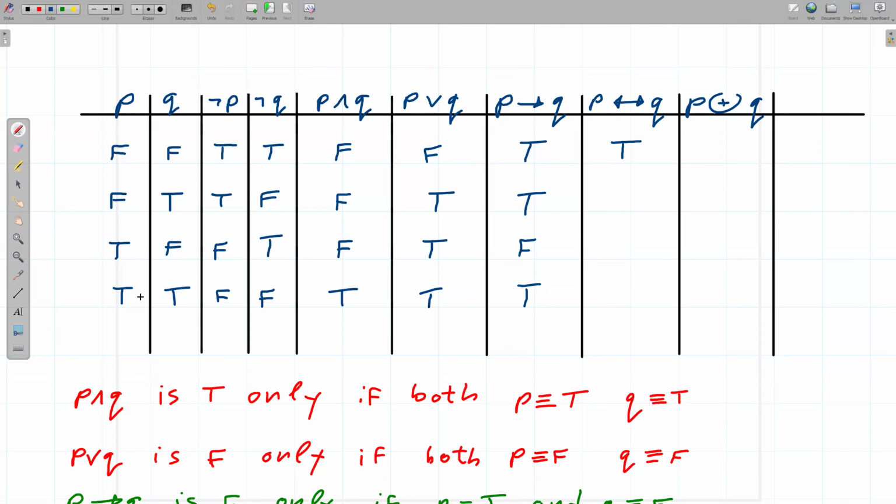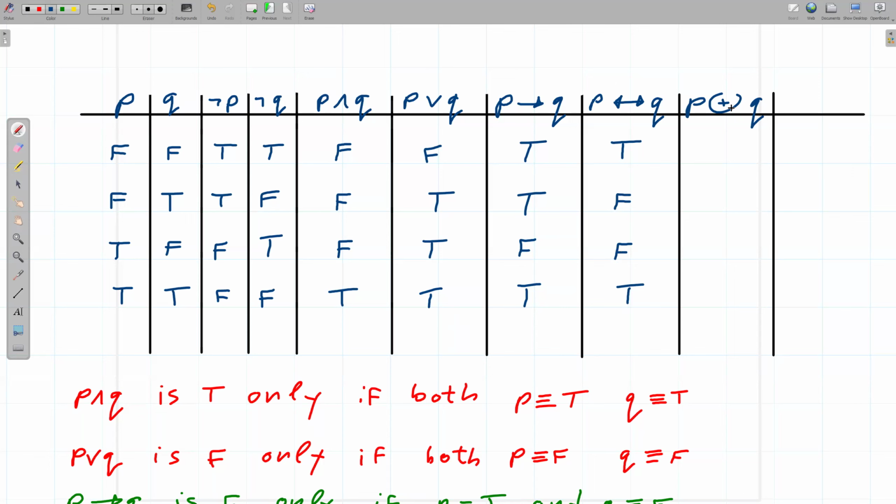Also, whenever P and Q are identical, we get a truth value of true. If one of them is false and the other is true, then they are not identical. So the truth value of the bidirectional arrow will be false.